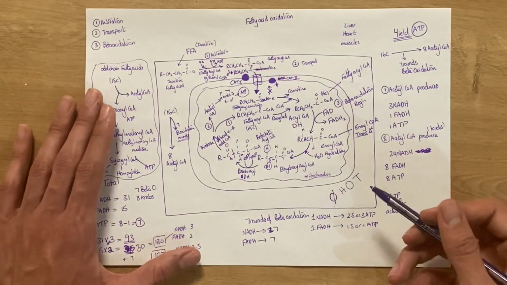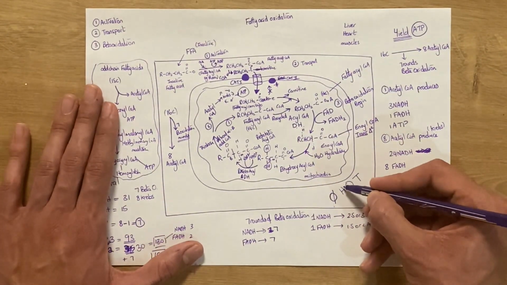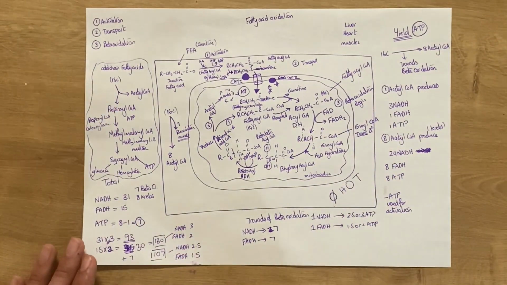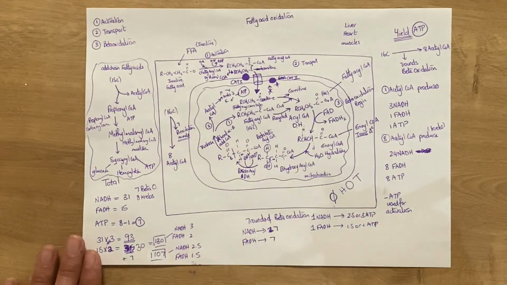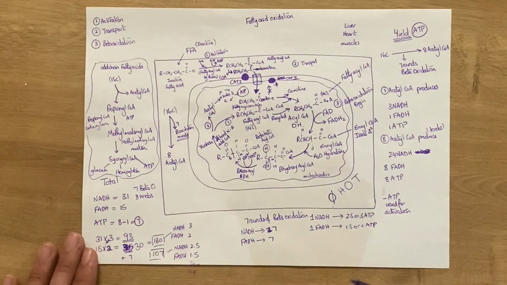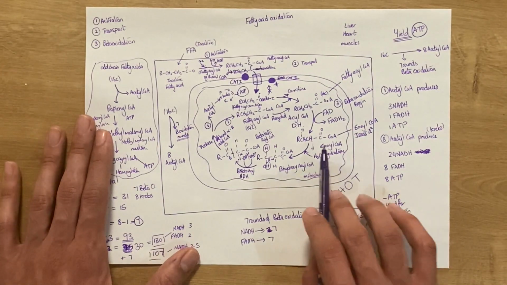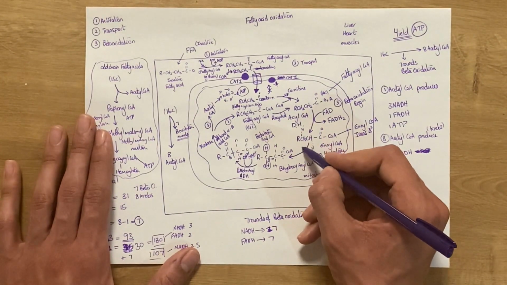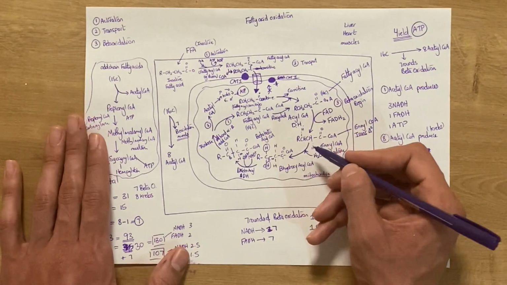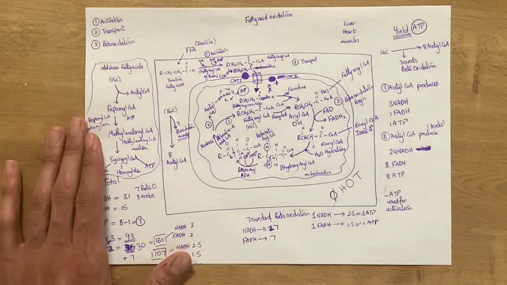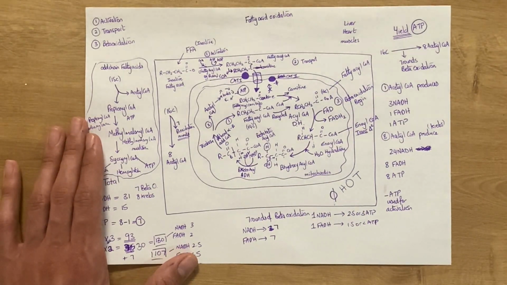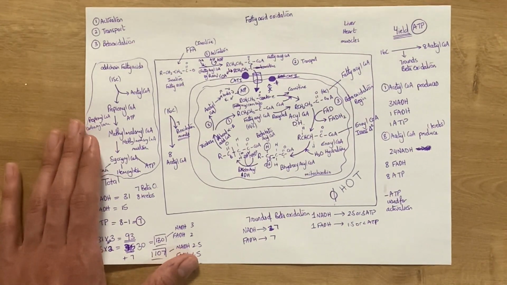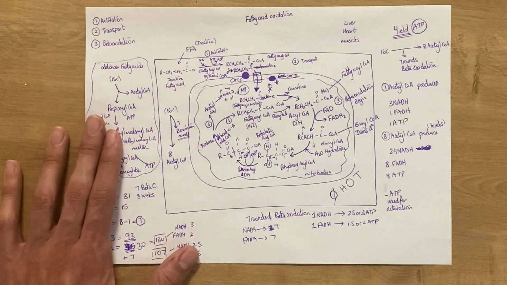Now the enzyme that does the hydration, the addition of the H2O, is called enoyl CoA hydratase, which adds H2O to this molecule to give an OH to the beta carbon and an H to the alpha carbon, and then generates something called beta hydroxy acyl CoA.